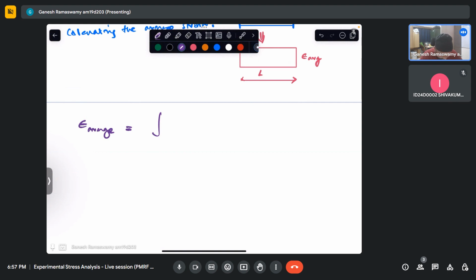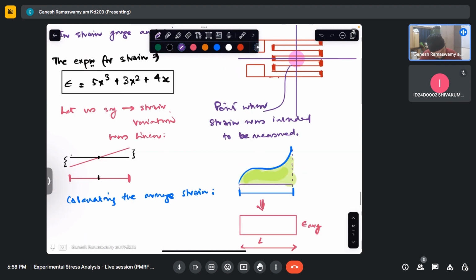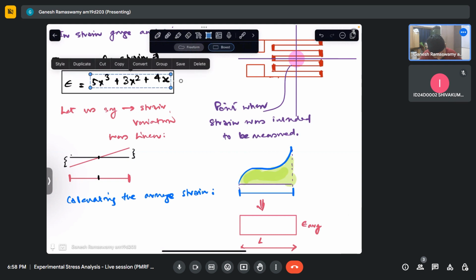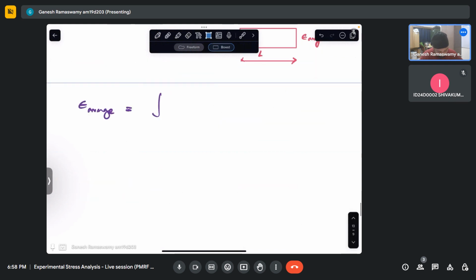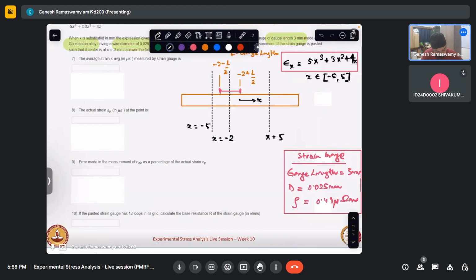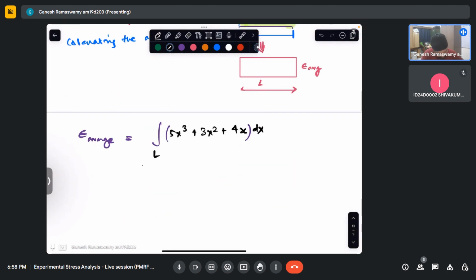It is the strain curve, which is given by this expression. So we are basically taking the area under this curve. Its domain still remains in x. So we just need to integrate this over the gauge length, divided by the gauge length, where L is the gauge length.